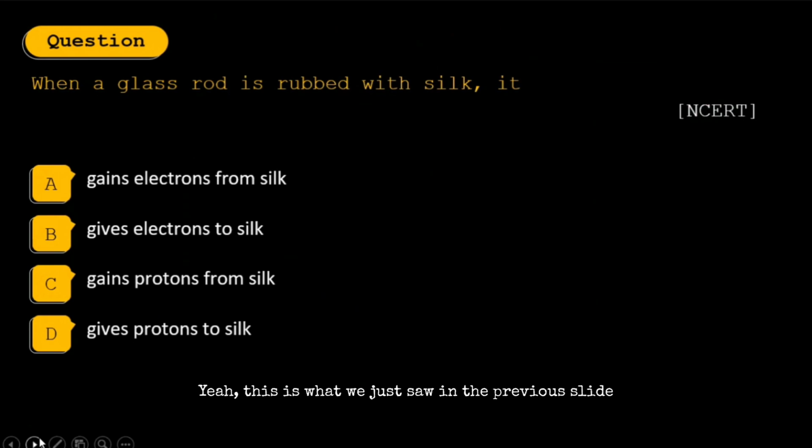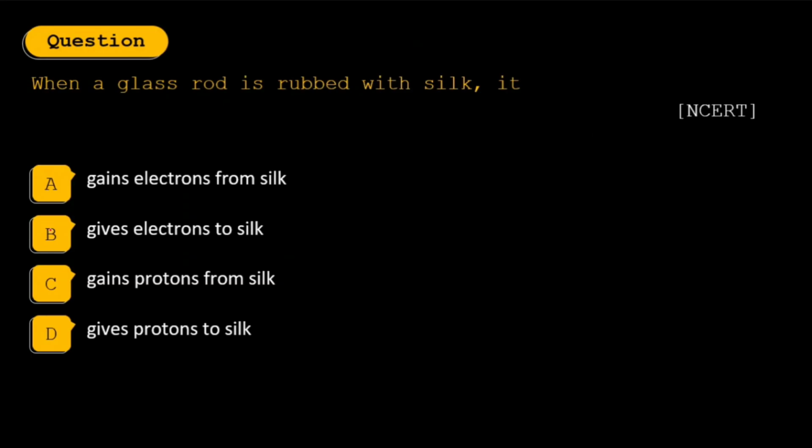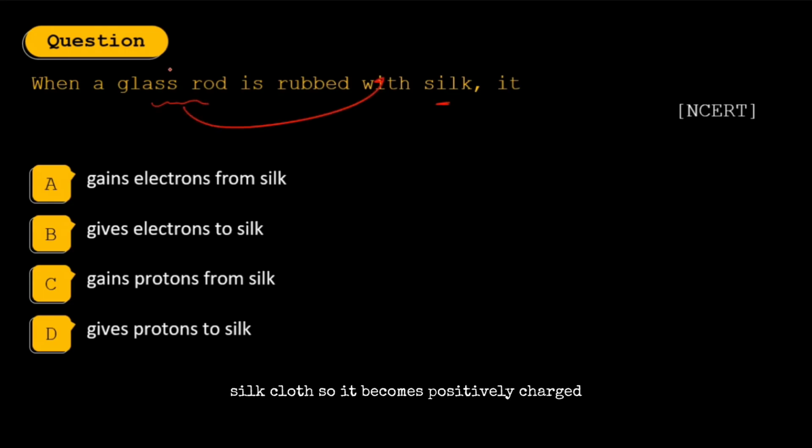Yeah, this is what we just saw in the previous slide. So when a glass rod is rubbed with silk cloth, it will actually give electrons to the silk cloth. So it becomes positively charged, and the cloth will become negatively charged.